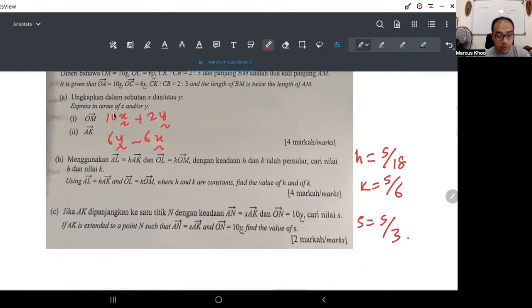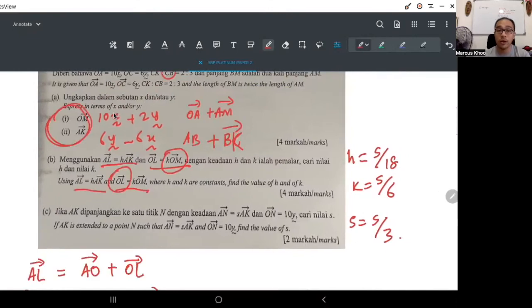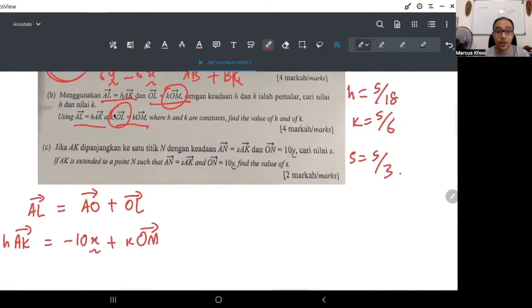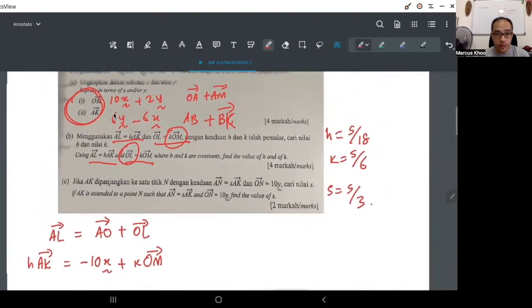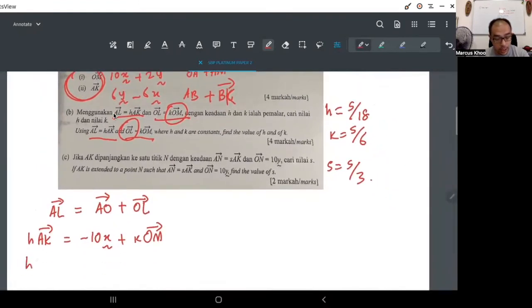Then I can substitute the AK and OM, which I found in question A. So h(6y minus 6x) equals negative 10x plus k(10x plus 2y).